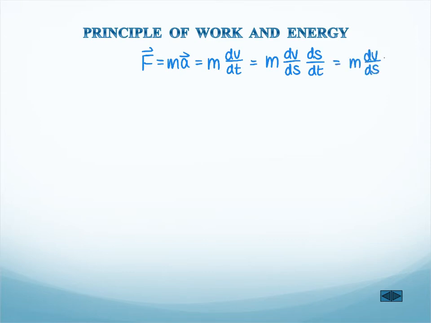And what we do essentially is we eliminate time and rewrite acceleration in terms of velocity and position. So if we write F equals ma as mv dv/ds, we can then integrate by multiplying both sides by ds. And now we've really successfully separated our variables.